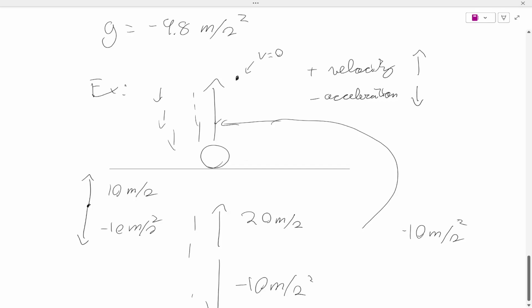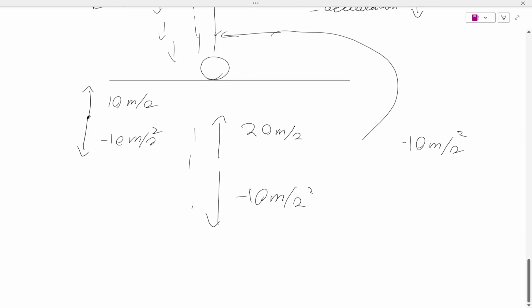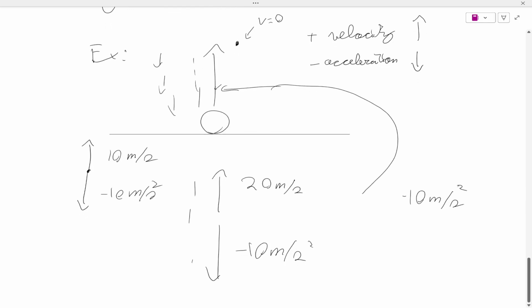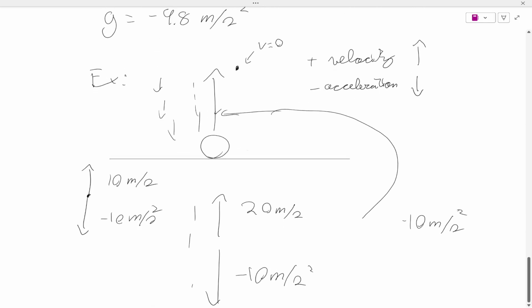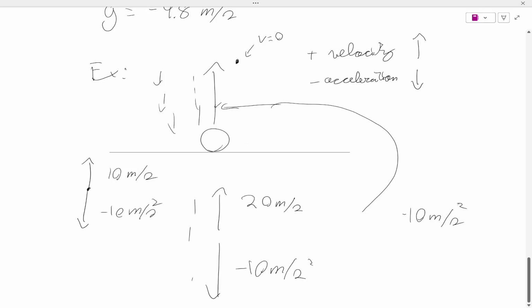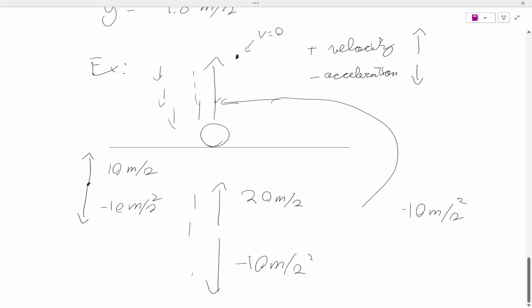We throw it up, and at the top, that's the point at which acceleration, the gravity, has slowed it down so much that the velocity is 0 now. It's basically at a point of no movement. This is a very short time frame, obviously, because in real life things happen fast. Now it will start falling down.